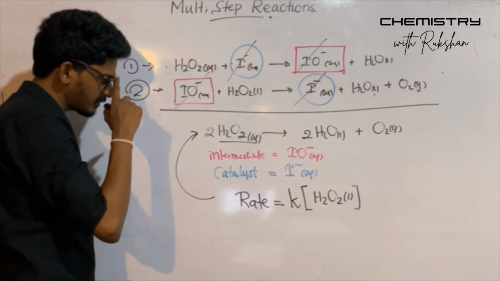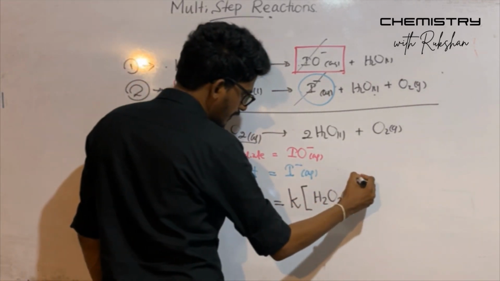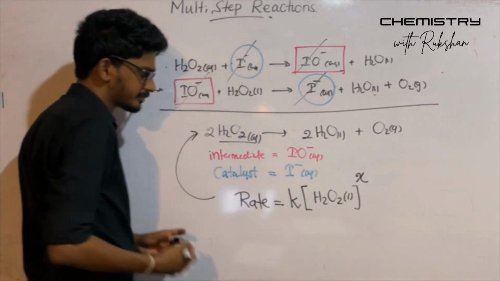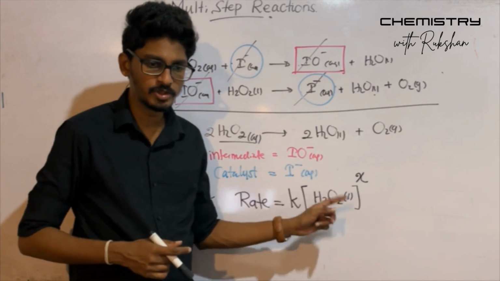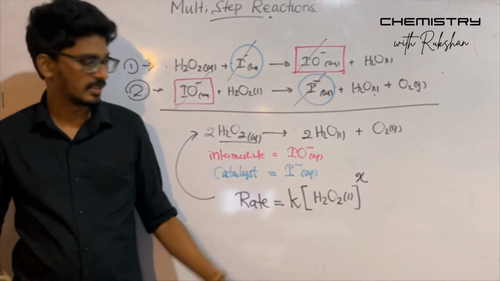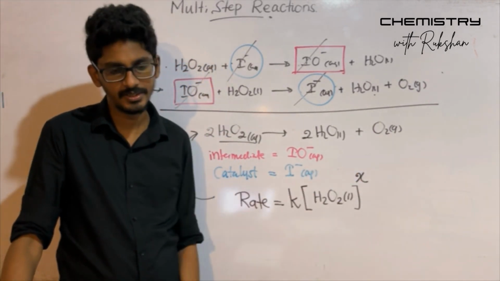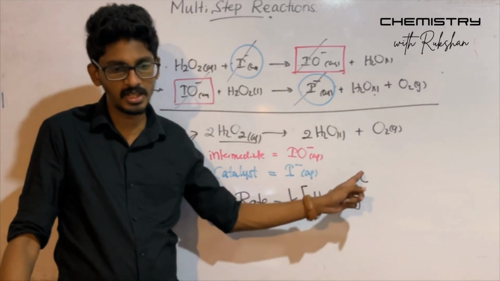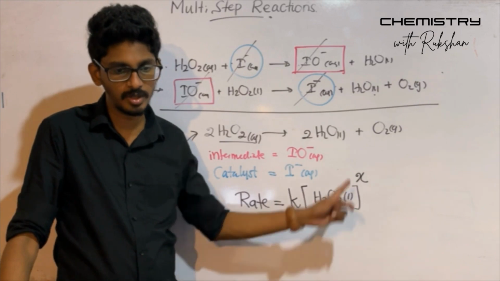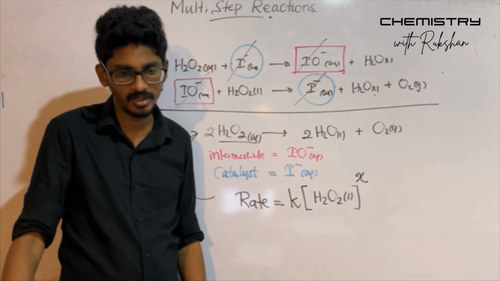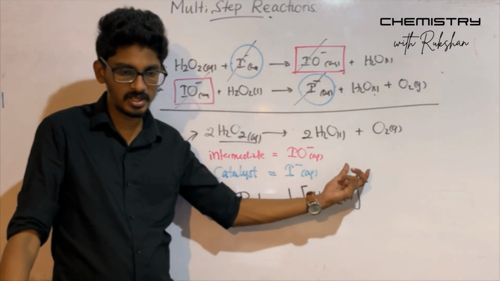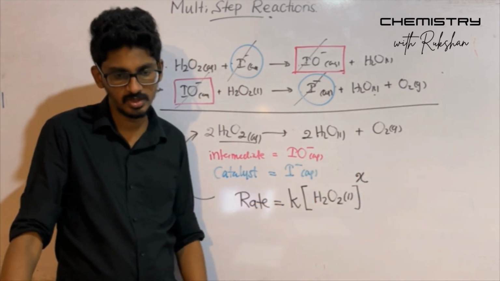So this is raised to some order, the order with respect to H2O2. This value is an experimental, empirical value. We should do some experiment and find out that value. So experimentally, we have to measure this value.